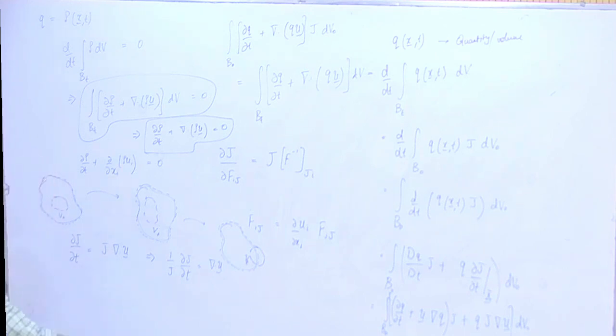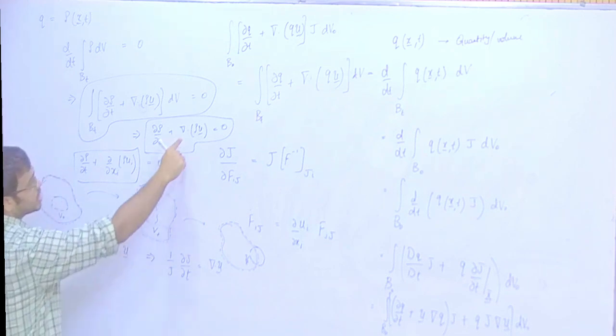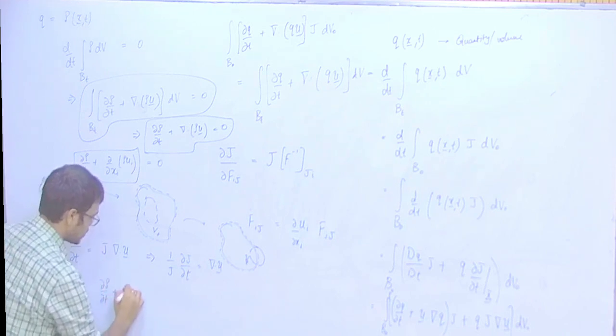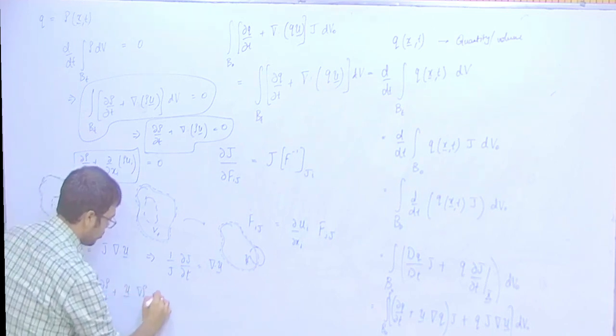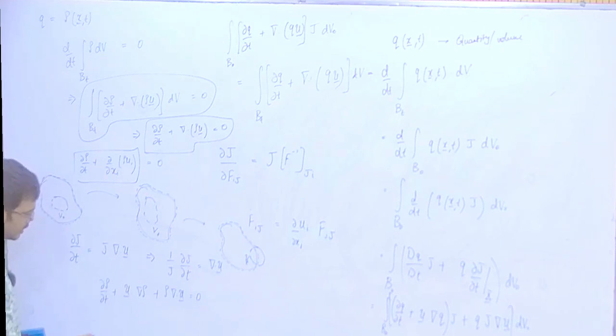We can get a similar intuition from this equation by expanding this ∇·(ρu). So you have ∂ρ/∂t + u·∇ρ + ρ∇·u equals 0. What is this combination?